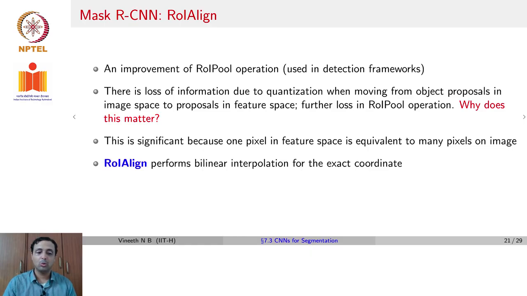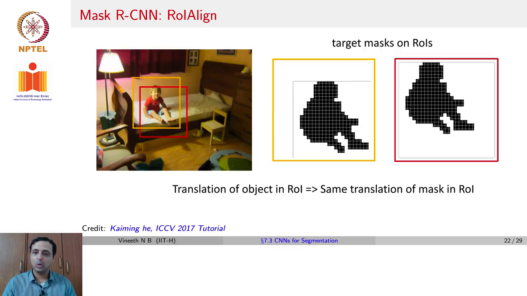So how do we overcome this problem? ROI Align performs bilinear interpolation to get the exact coordinate for the locations where the object proposals match to a given feature map. This preserves translation equivariance of masks. What do we mean?